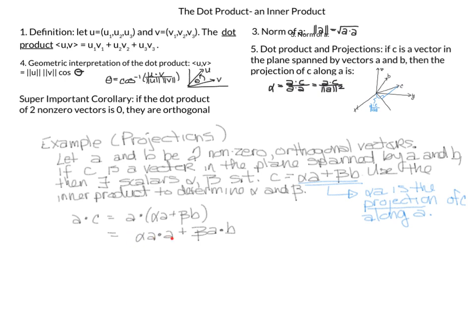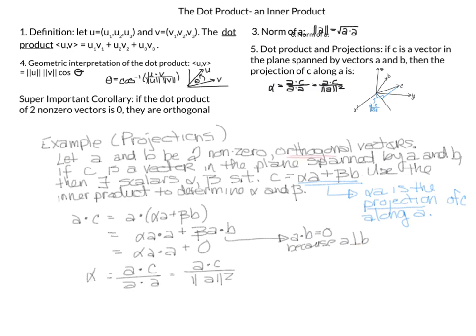So I have alpha A dot A plus beta A dot B. What I know about A dot B is that it's equal to 0, because A and B are perpendicular. Then it's just algebra to solve for alpha. It's equal to A dot C over A dot A, also written in this form. This is quite straightforward from the definition, and if you understand that A dot B equals 0 because they're perpendicular, it's very straightforward from the definition and algebra.